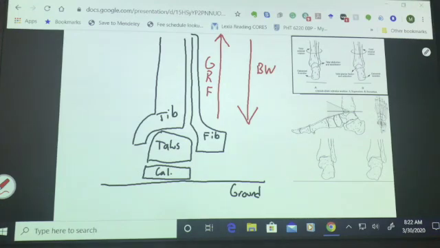That's the big thing to note here. Now what you're going to see is, if this is my axis, body weight, because this is my weight-bearing bone, my tibia, is going to be on the medial side of the axis. Ground reaction force is going to be on the lateral side of the axis.